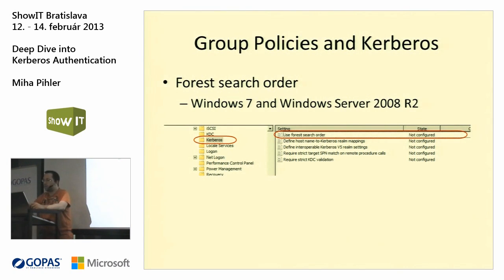This policy has to be set on either a Windows 2008 R2 server or a Windows 7 client. If the DC can't find the SPN that I'm looking for, it will try the other forests that are entered here. Let's say forest 1, forest 2, forest 3. If I have 5 forests in there, it will try all 5 forests. If it fails, it fails.